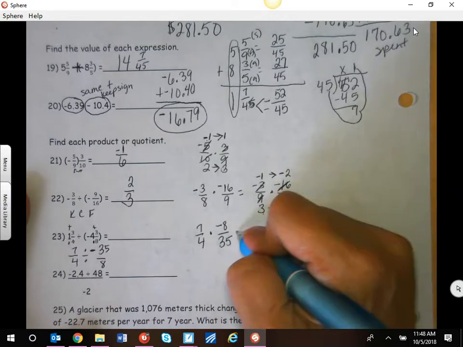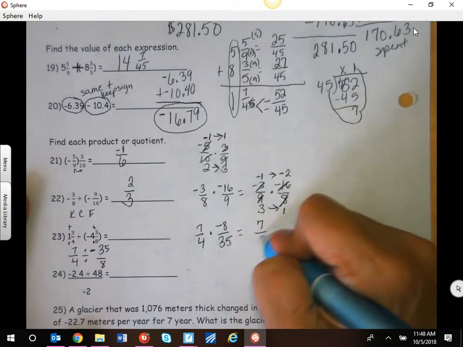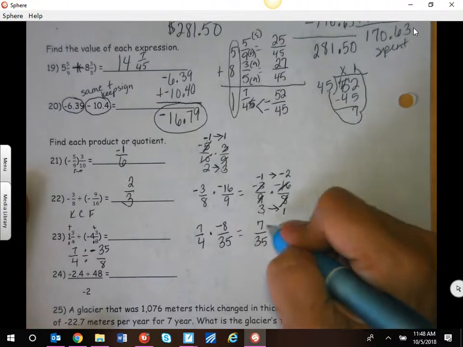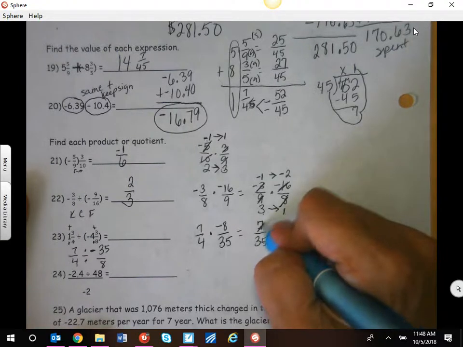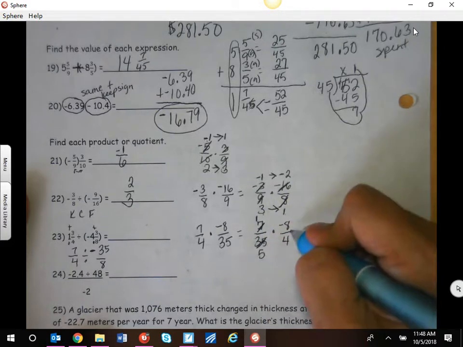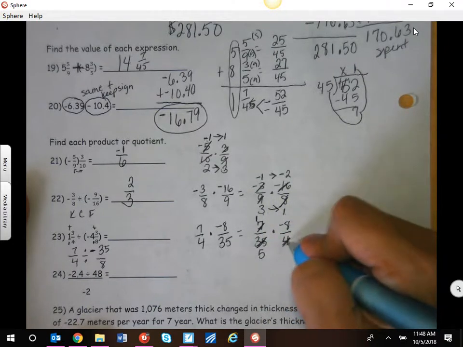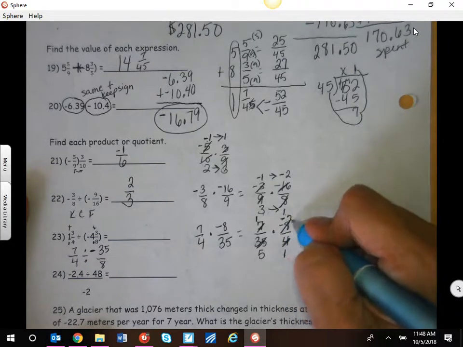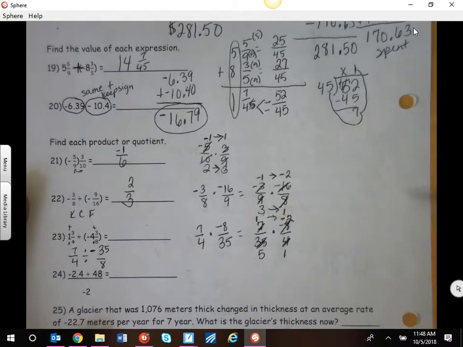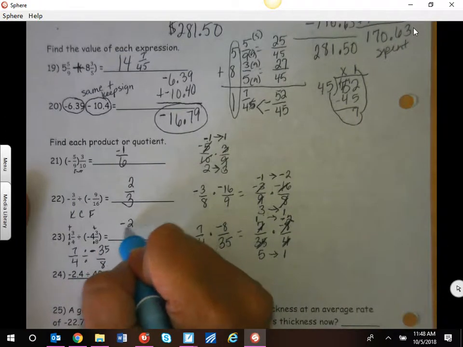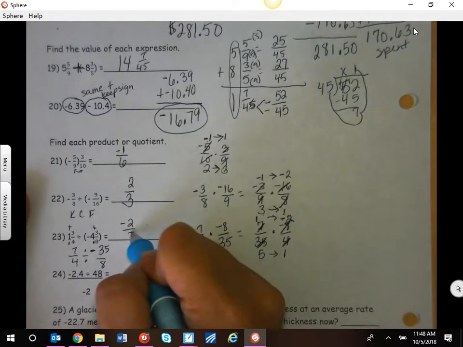And again, I'm going to swift swap to see if I can reduce. 7 and 35 have 7 in common. 7 goes into 7 once. 7 goes into 35 5 times. 8 and 4 have 4 in common. 4 goes into 4 once. 4 goes into a negative 8, negative 2. 1 times a negative 2 is a negative 2. 5 times a positive 1 is 5.